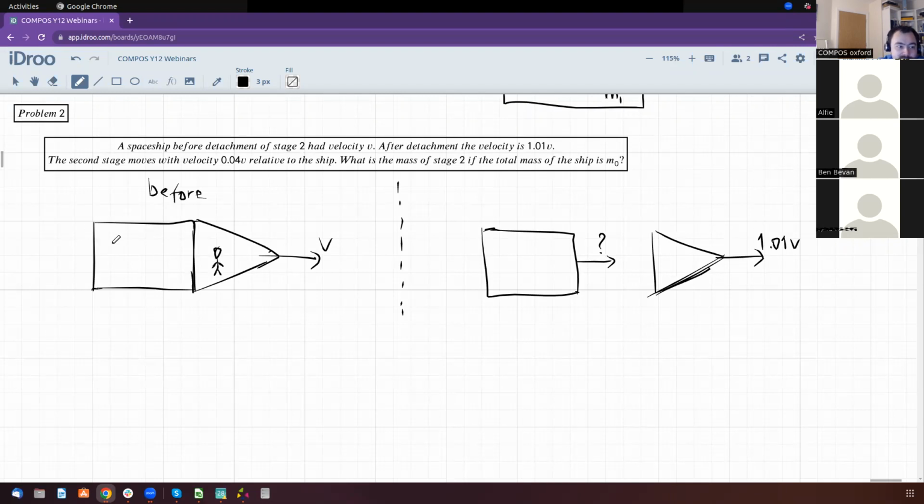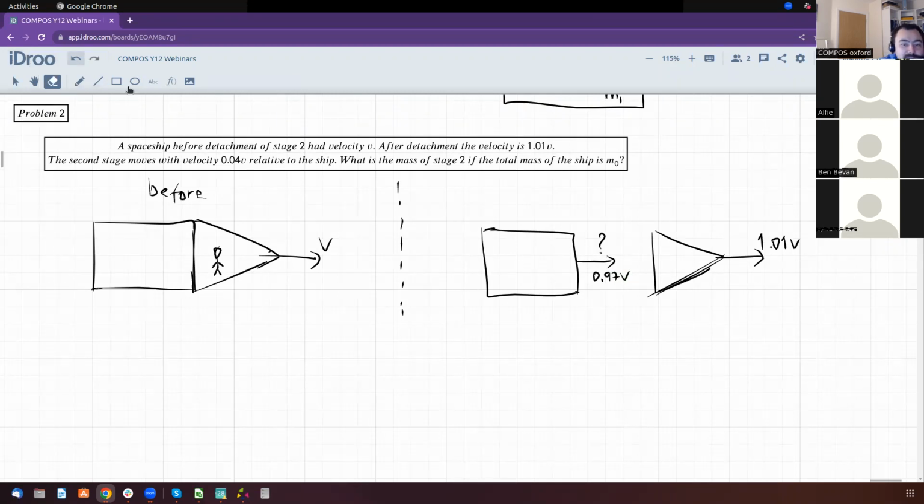This is a second stage with fuel and a booster. Yes, that is correct: 1.01 minus 0.04, which is 0.97 v.